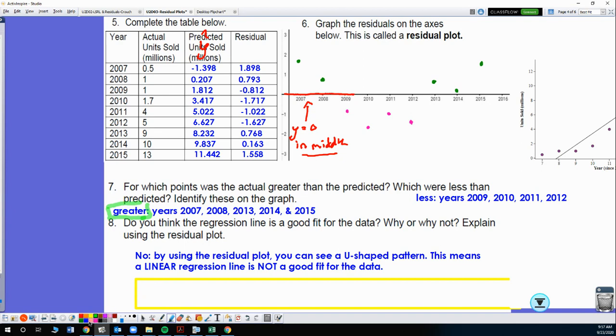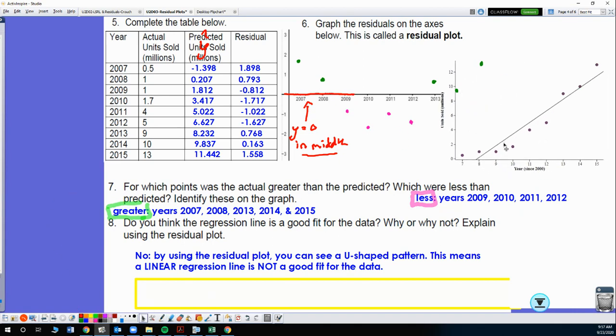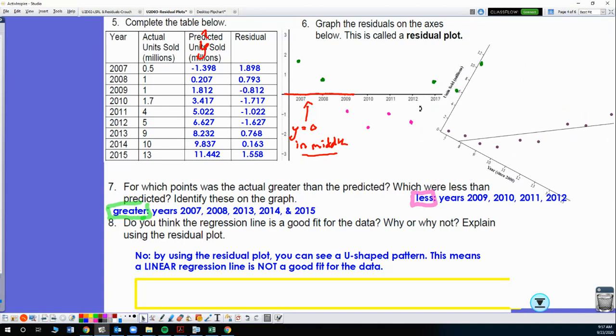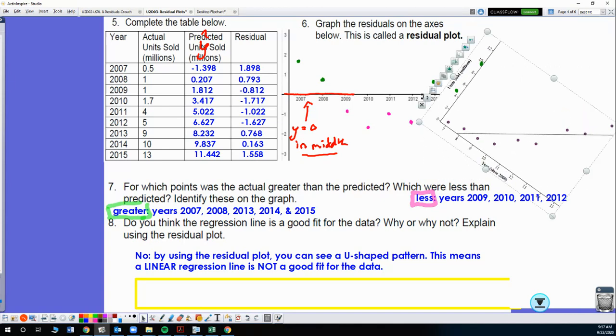But in 2009, 10, 11, and 12, the actual values were less than what we predicted them to be, which is why our residuals are negative, right? So making that distinction is important, and you can visualize it when you look at the least squares regression line. I want to bring that back over here, and I want you to see, here's our line of regression, and if I take this and rotate it and make it flat, well, there you go.